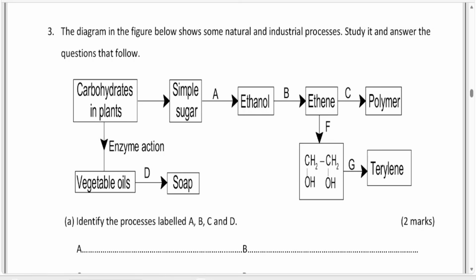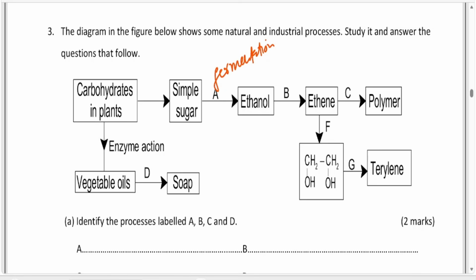So a simple sugar taken through this particular process leading to formation of ethanol, we also call it fermentation. This process leads to formation of ethanol.